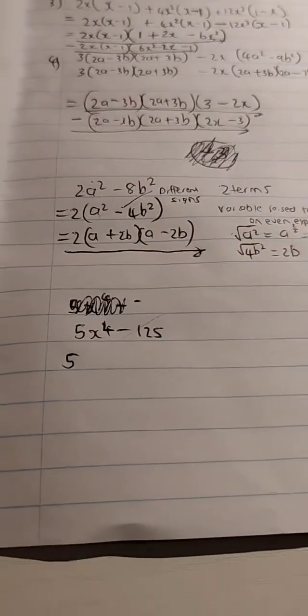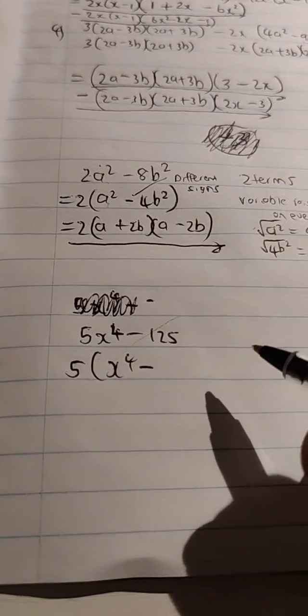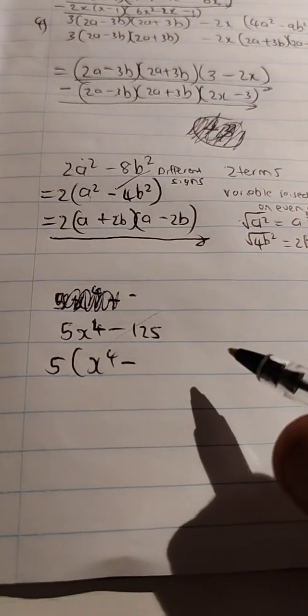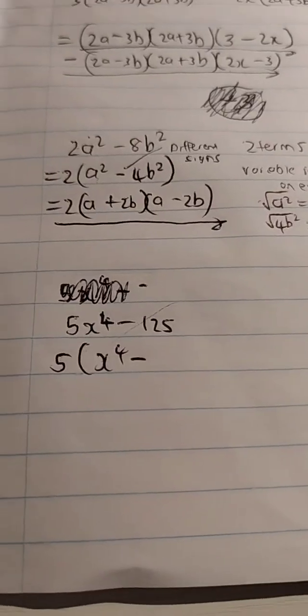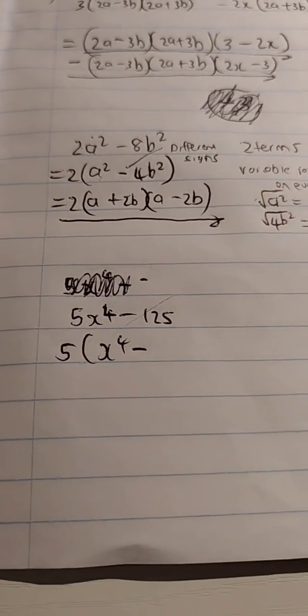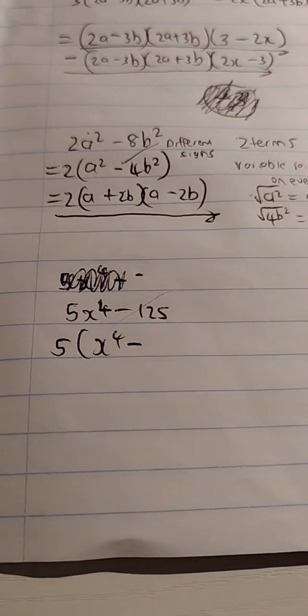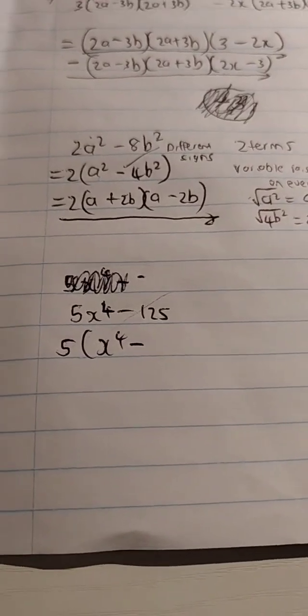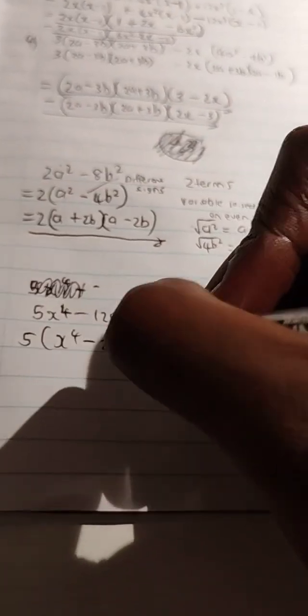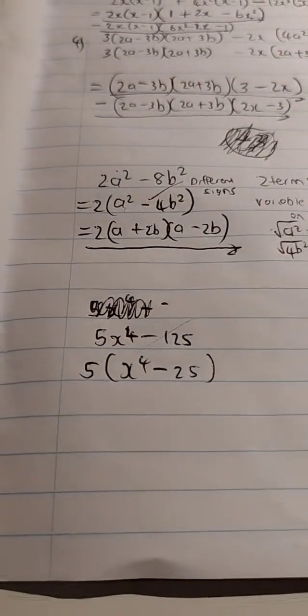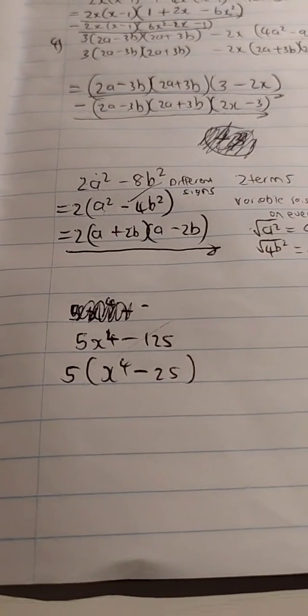Letter, no. And what are we left with? X to the power 4 minus 25.